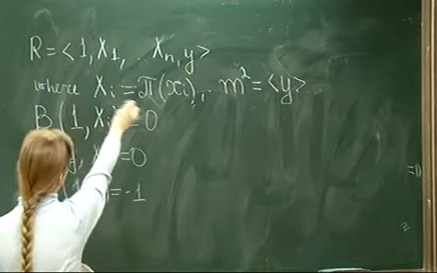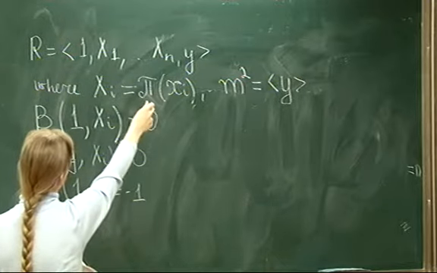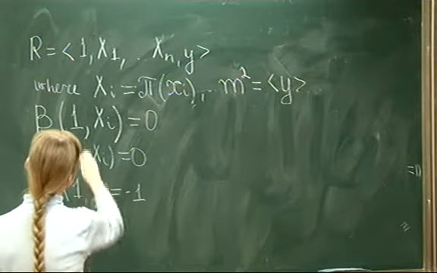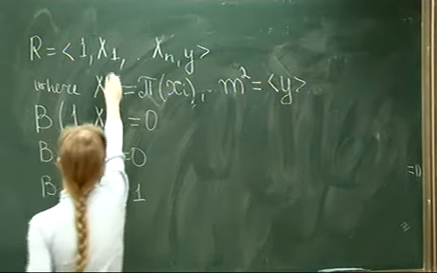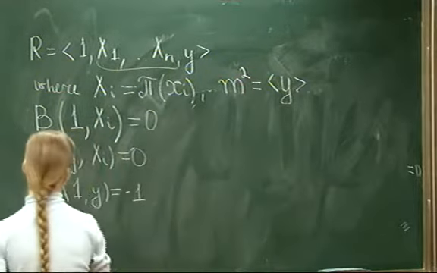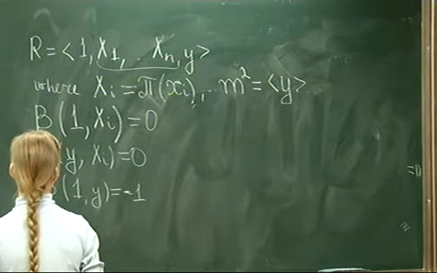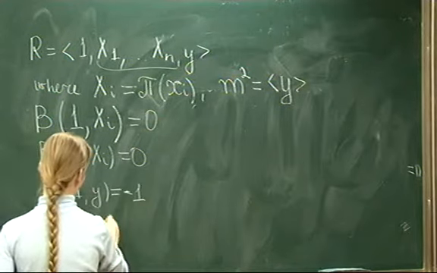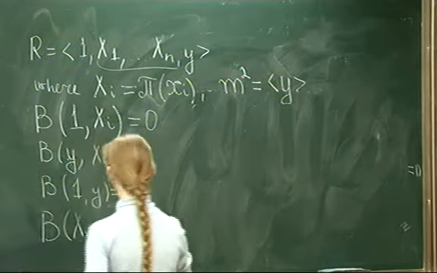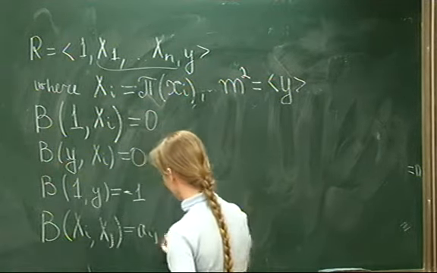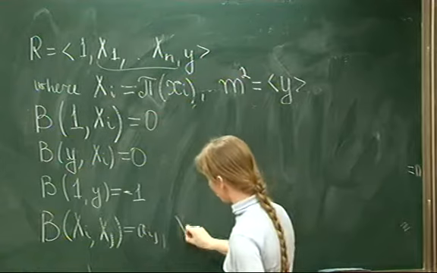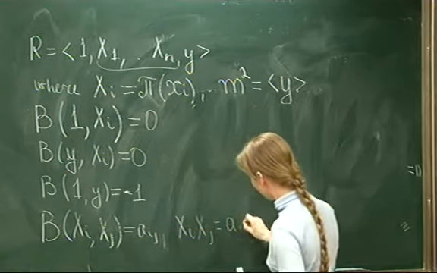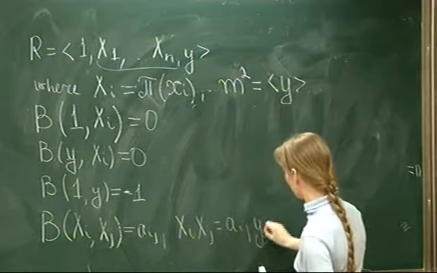So the first and the last vectors are orthogonal to everything else, and between them there is -1, and B of xi xj equals aij, where xi xj is aij y.